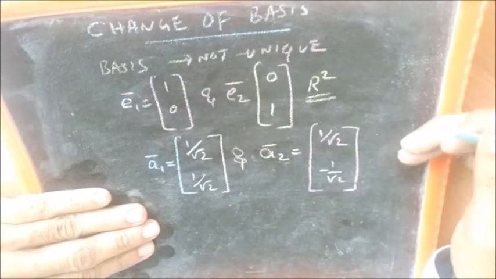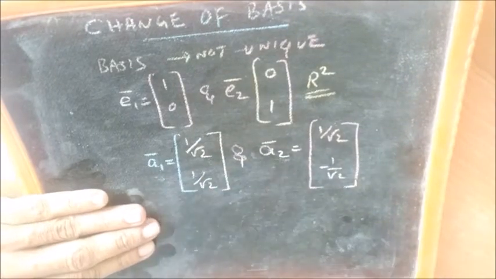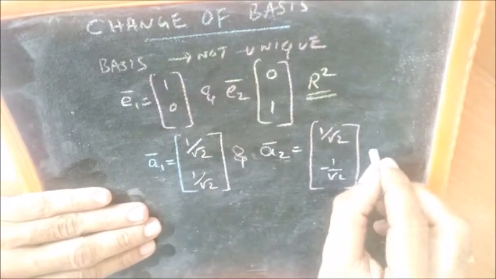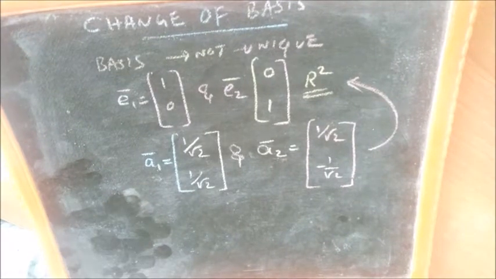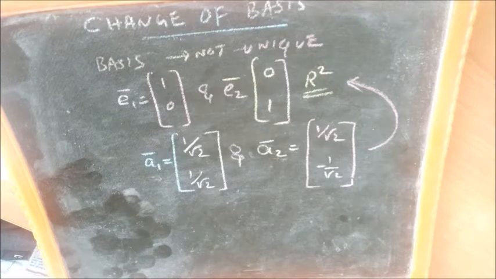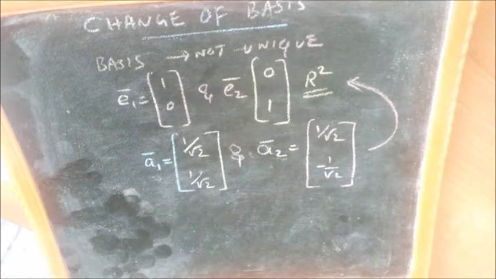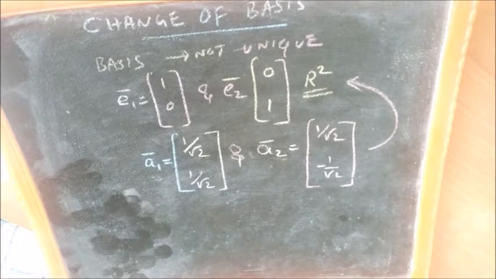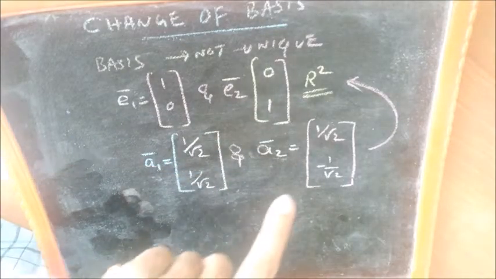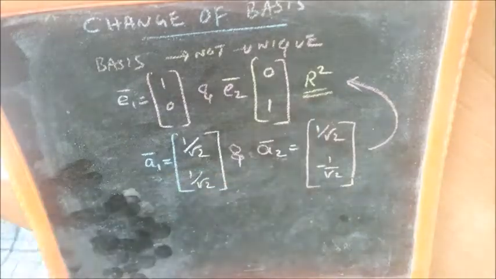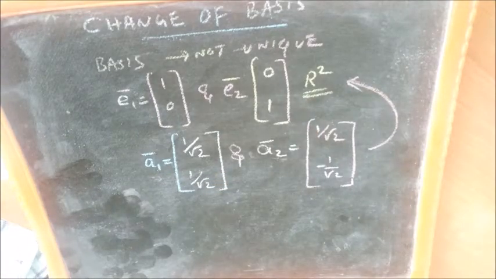This A1 and A2 also forms a basis for R2, because it's possible to linearly combine these two and realize any vector in R2. Just as it is possible to linearly combine E1 and E2 and realize any vector in R2, it is also possible to linearly combine these two and realize any vector in R2.